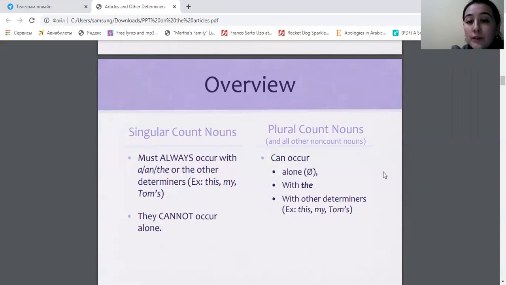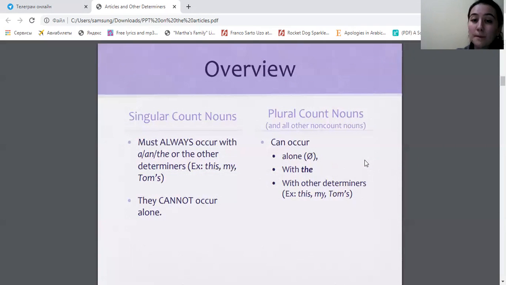If the word is plural and countable, and also all non-countable nouns, they can occur sometimes alone, without an article or determiner, can occur with the article the, and with other determiners like this, my, his, her, Tom's, Andrew's, which show possession.